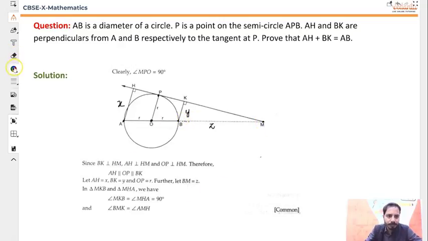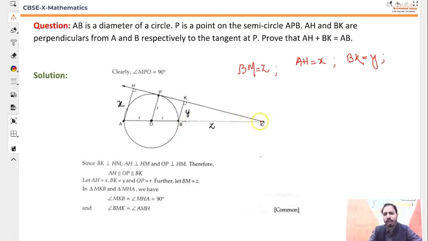Now what I will do is, let me say that this length BM is equal to Z, and let me say AH is equal to X, and BK is Y. So these are the 3 things which I have taken. Now let me try to find the relation between them. So what I need to prove, let us see.